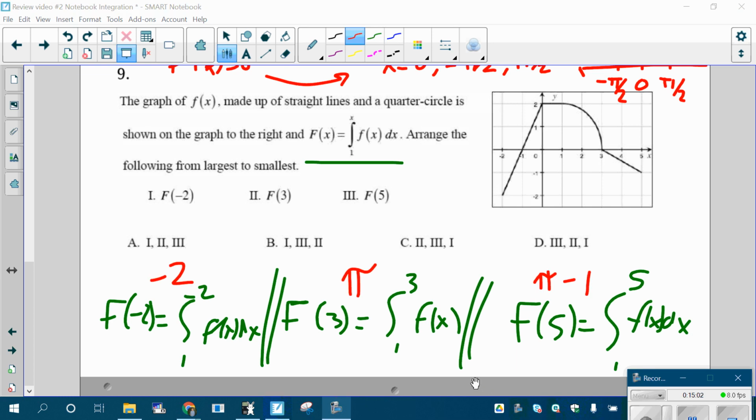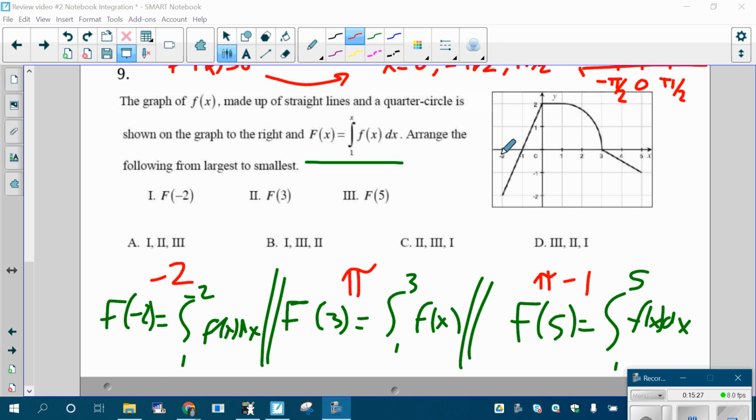Okay, so just to run through these real quick, I'll start with this one, F of 3. Area underneath the curve from 1 to 3, it's just a semicircle, check. From 1 to 5, I have that same pi, but then I've got to take away 1 because it's below the x-axis. For this first one, it's from 1 to -2. I'd flip it and say, oh, it's the area from -2 to 1, but then I've got to do the opposite of that.